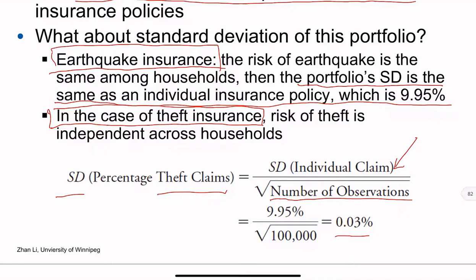This basically means selling theft insurance is much safer from the perspective of the insurance firm compared with selling earthquake insurance. If you think about insurance premiums, then you can imagine that the insurance firm will want to charge higher premium for earthquake insurance compared with theft insurance.